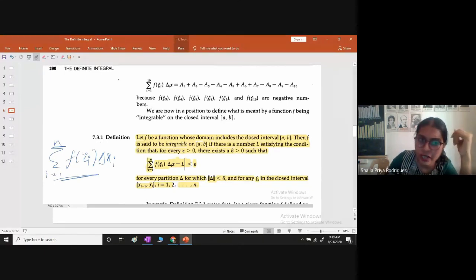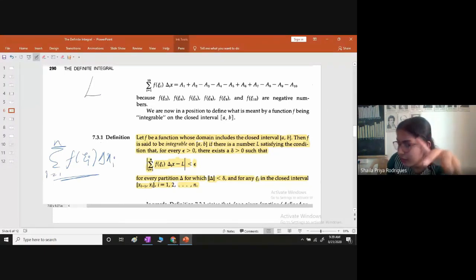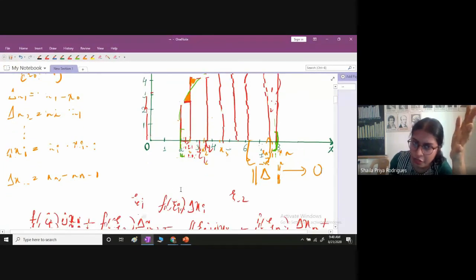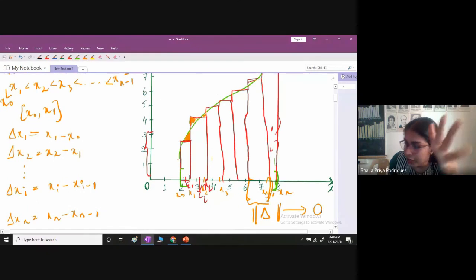So if you can find a number L such that no matter what partition you take, here we took one such partition, there can be many other partitions, infinitely many in fact, for any partition that you take, that sum is going to be approximately equal to L. Then L is going to be the definite integral.